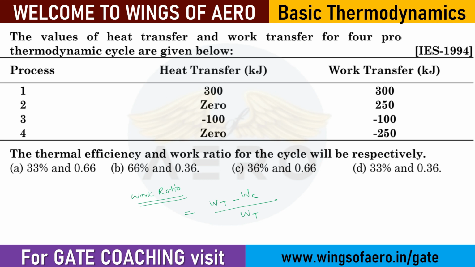Using this formula we can find out the work ratio. Or we can also write 1 minus WC by WT. Note down the formula. This is the formula for work ratio.